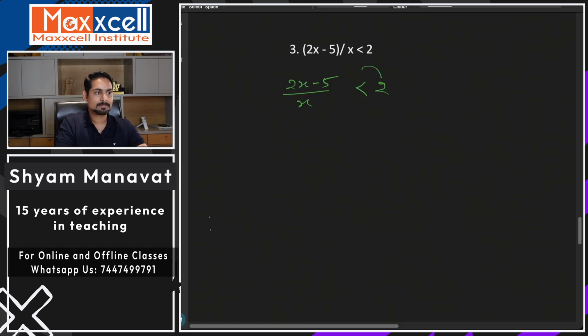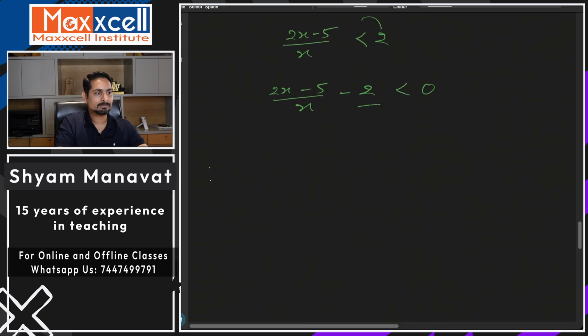Okay, so simplify. 2x minus 5 by x minus 2 less than 0. 2 by 1. How do you simplify the fraction? Denominator will be x, because x into 1 is x. X multiply here, 1 multiply here.